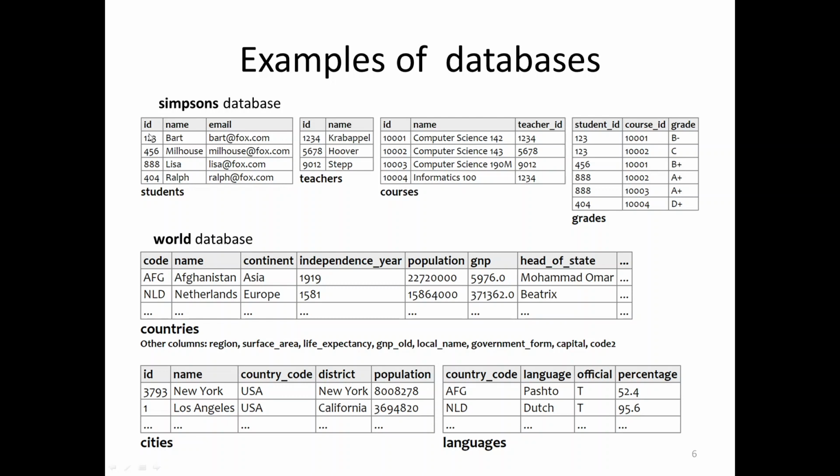There's a second aspect: if a set of attributes uniquely identifies a row, it's called not a primary key but a candidate key. So we may have multiple candidate keys in a given table. One candidate key for this table is ID, and another candidate key is ID, name, and email.